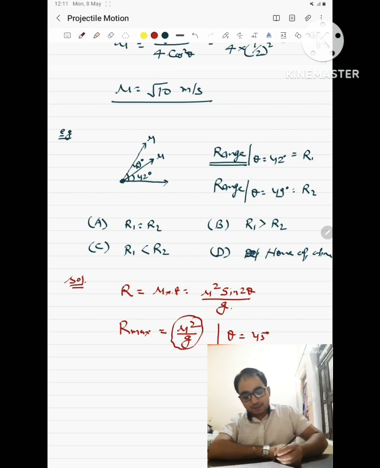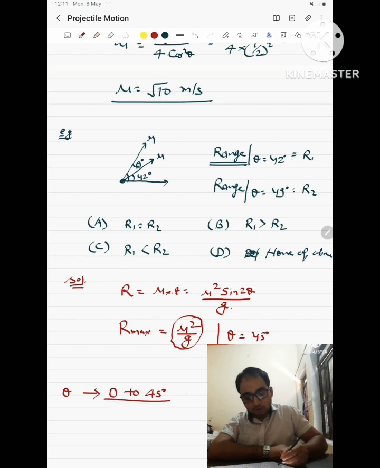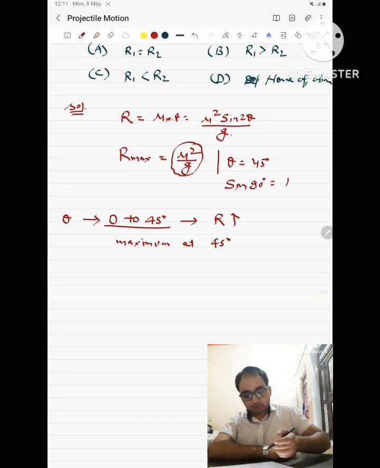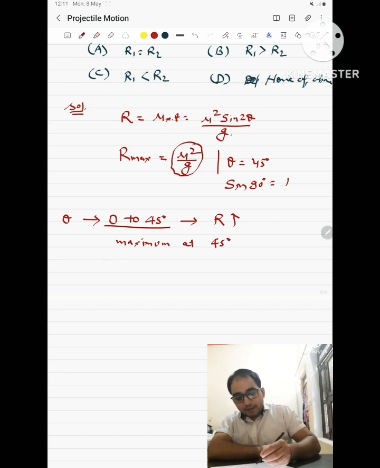So as theta goes from 0 to 45 degree, the range will increase and is maximum at 45 degree. And again from 45 degree to 90 degree, the range will decrease.